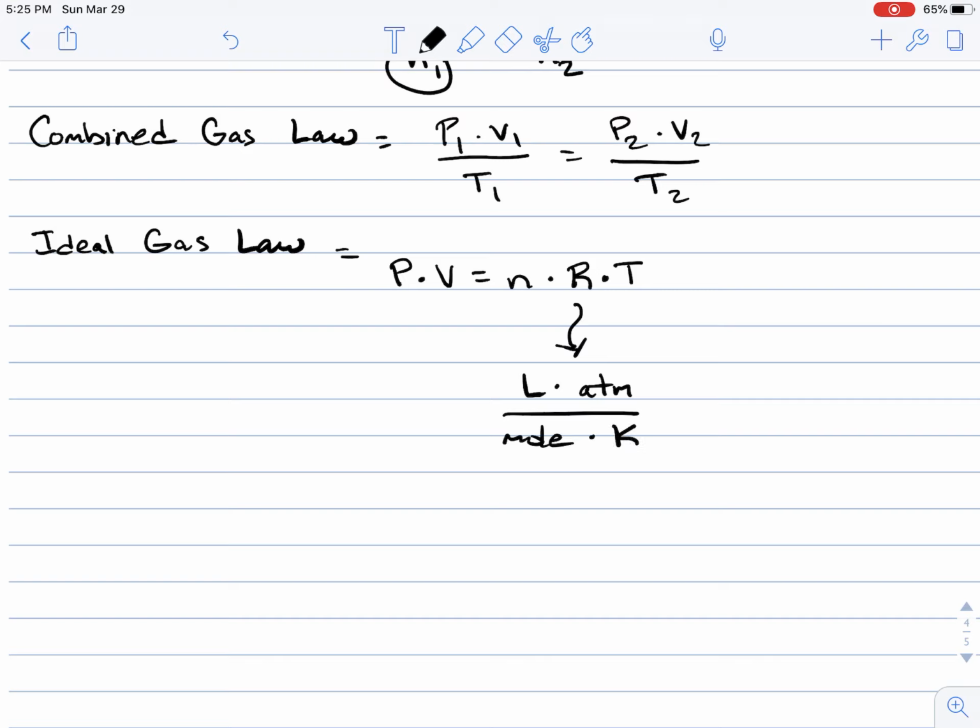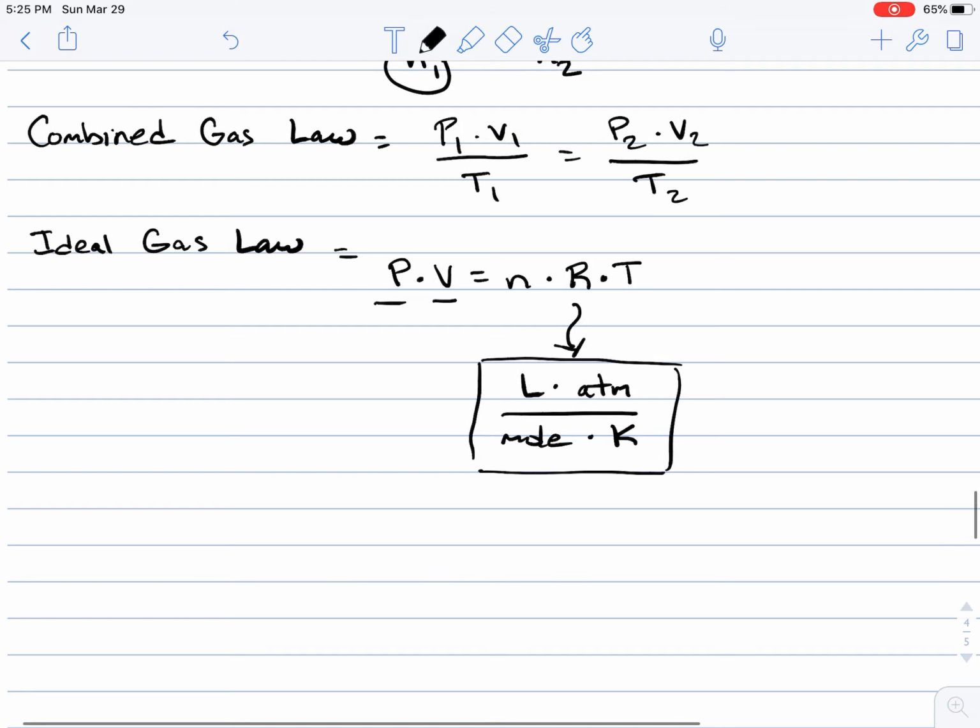Since the units for the gas constant are very specific, you want to make sure that every single one of these variables is in liters for volume, atmospheres for pressure, moles for amount of gases, and Kelvin for temperature. You need to convert every single one of the given values into these units to ensure that they cancel out as you perform the math.